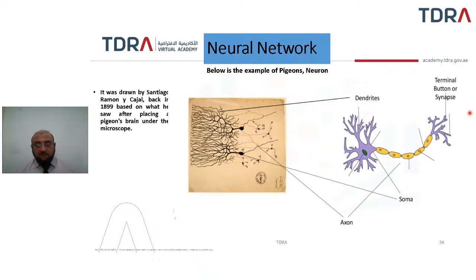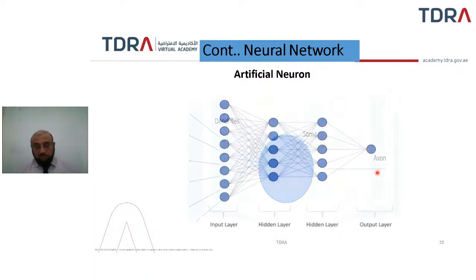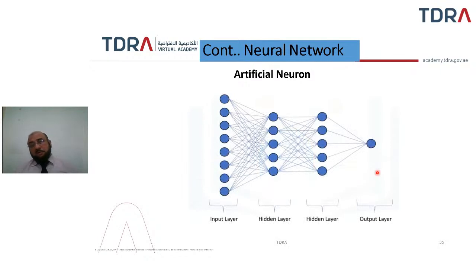A neuron activates and gives its output to the other neuron, which will be the input of that neuron. This is basically an artificial neuron. We have dendrites, which are the inputs, and the nucleus or soma. We have the axon, which is the output, and this output will become the input of the other neurons.